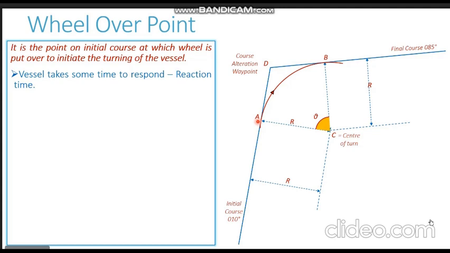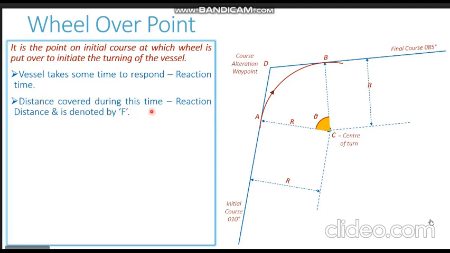This time which the ship takes is called the reaction time of the ship. And the distance covered by the ship during this time is called the reaction distance. This reaction distance is denoted by alphabet F. As per our convention, F, foxtrot, represents the reaction distance of the ship.